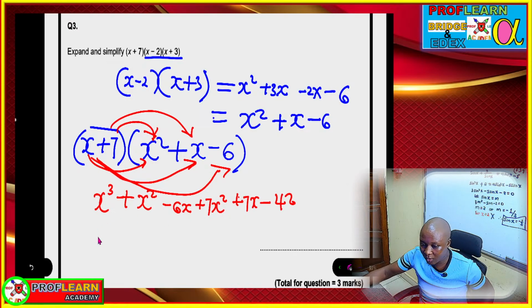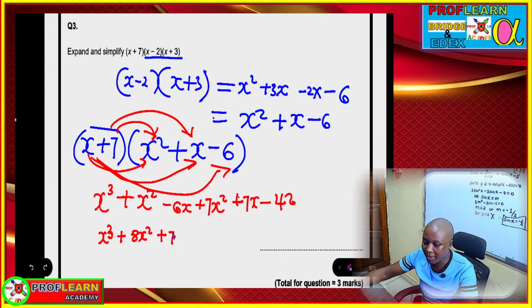Now we shall put the like terms together. We shall have x cubed, plus 8x squared, plus 7x, plus x, because minus 6x plus 7x will be just x, and then we shall have minus 42.